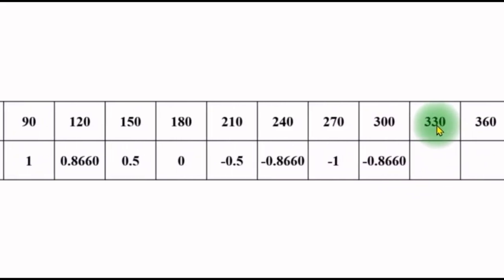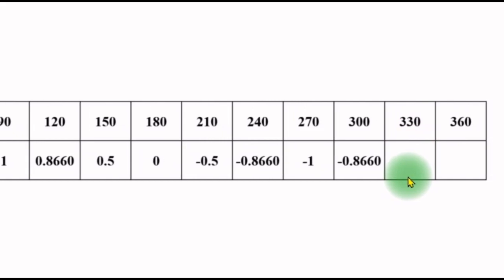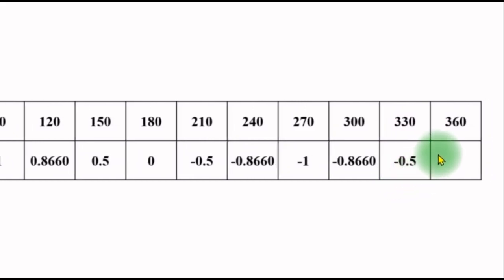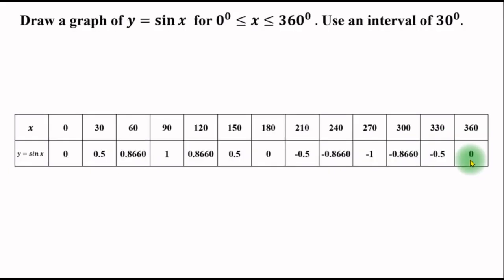When x is 330, sine 330 will be negative 0.5. And finally, when x is 360, sine 360 will be 0. Fine. Now we have this table for the corresponding values of x and y.